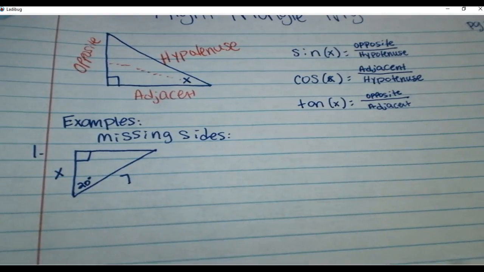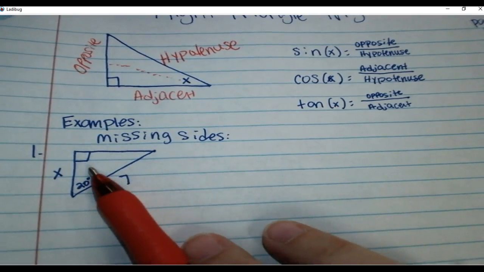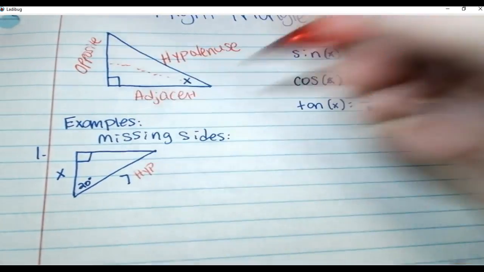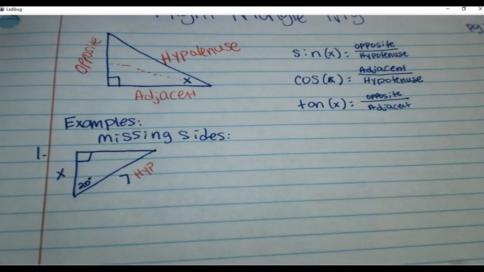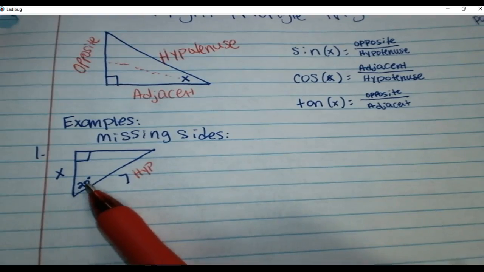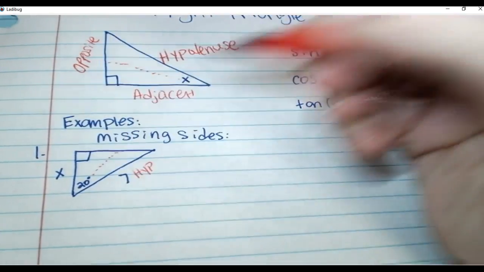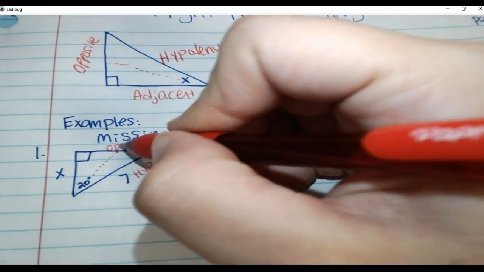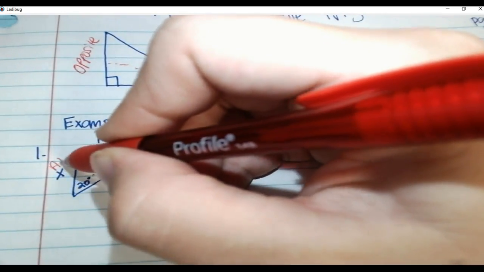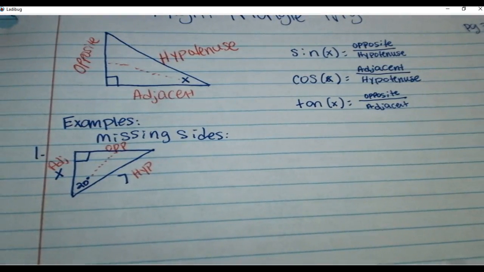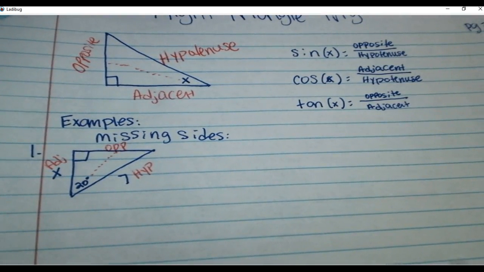The first thing you always want to do is label the triangle. So here's our right angle, and across from it is always our hypotenuse. And then the other two are based off of our important angle, which in this one is 20. So across from the 20 is always the opposite, and that leaves us adjacent. Any question on the labeling?